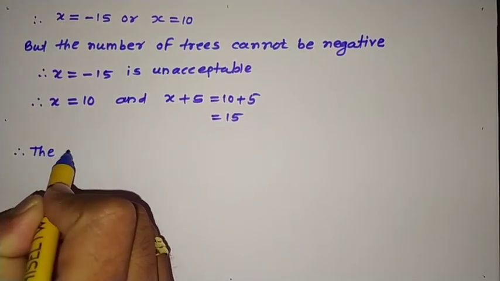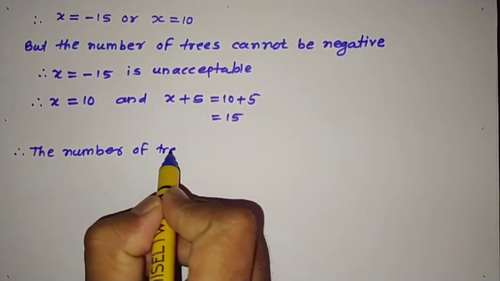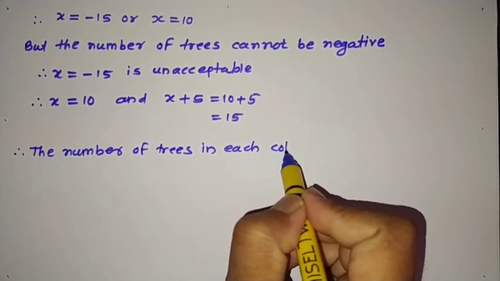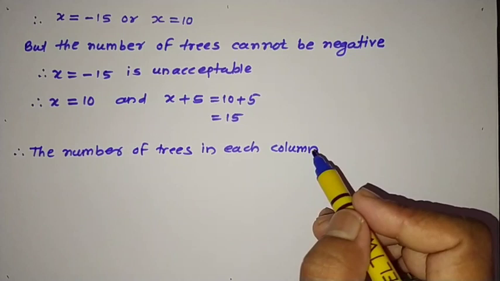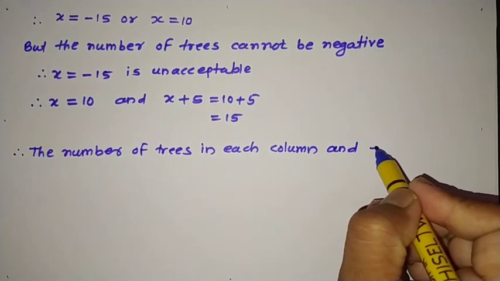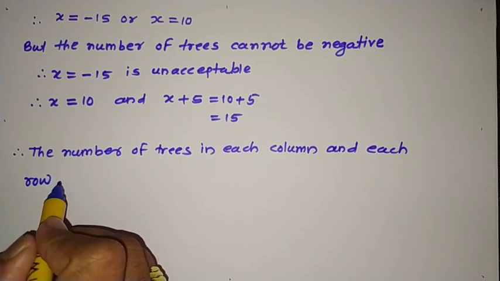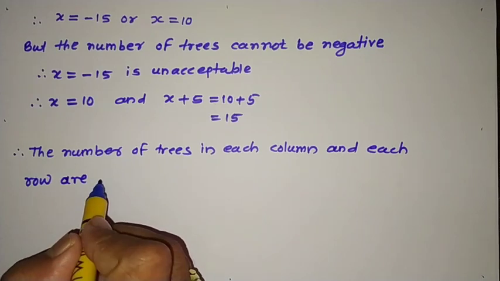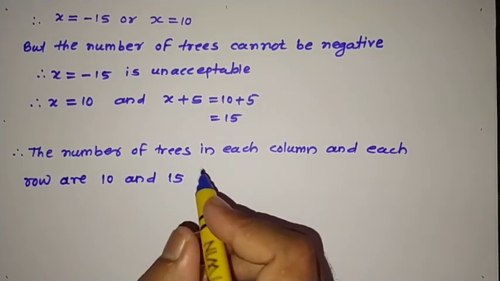The number of trees in each column and each row are 10 and 15, respectively.